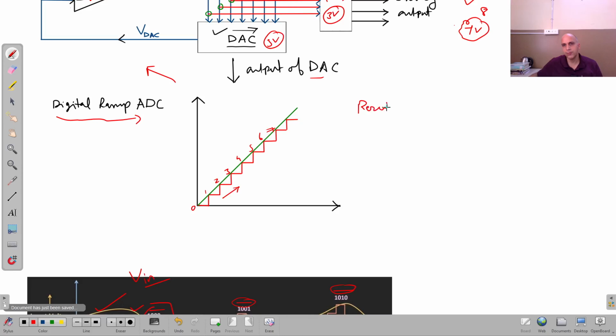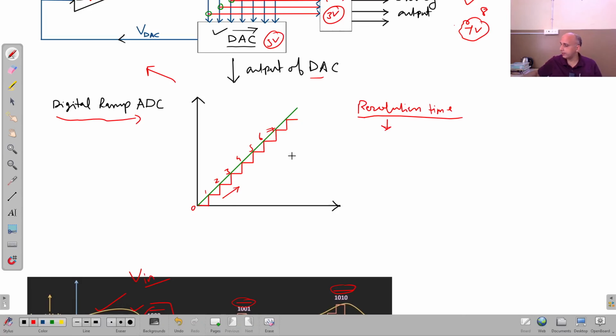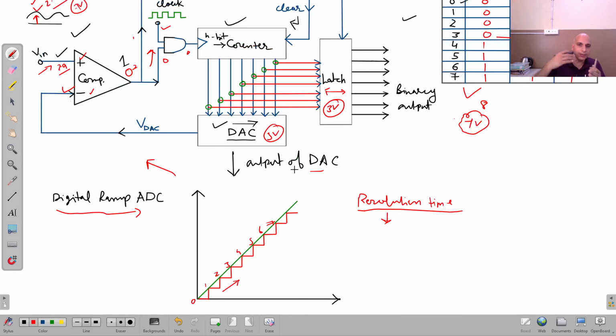Resolution time, right? So as I am saying, the resolution of the DAC will be defined as the number of bits generated in the binary output, right?